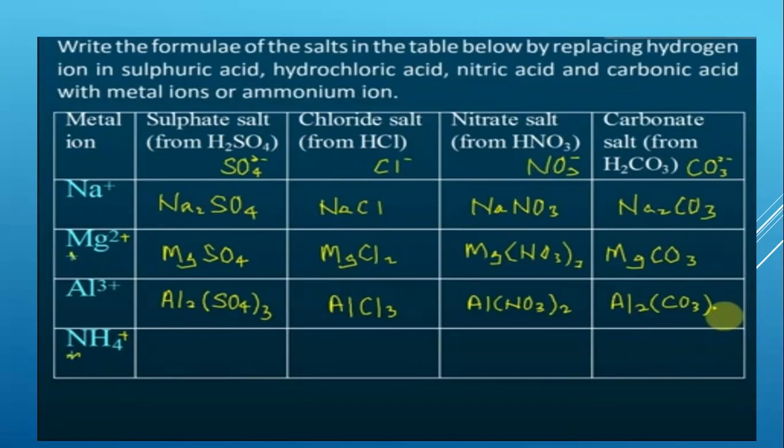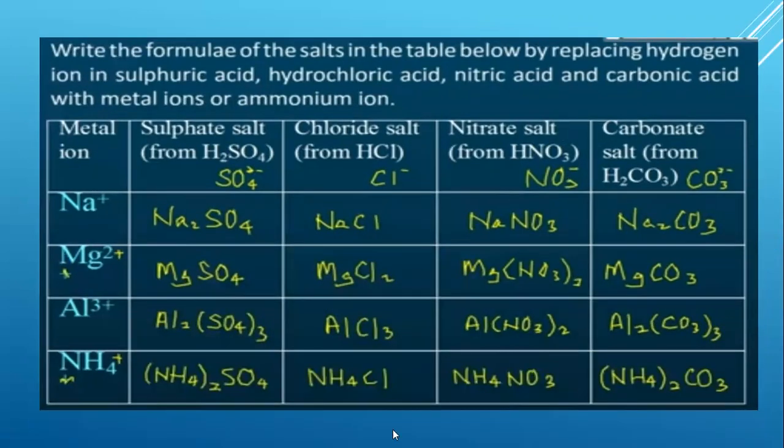The next is ammonium. Ammonium ions react with sulfuric acid and form a type of sulfate salts, that is ammonium sulfate. Ammonium reacts with HCl and forms chloride salt, that is ammonium chloride.